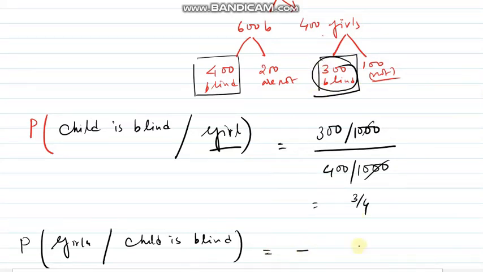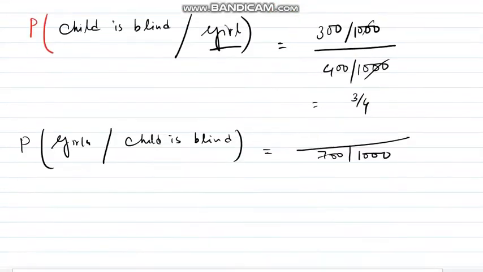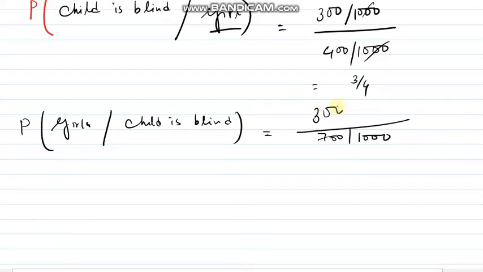So out of those 700 children, how many are girls? These 400 girls are not all blind. These 300 girls are blind. So out of these 700 blind, I have to select how many blind girls there are. That is this 300. So your answer will be 3 divided by 7.